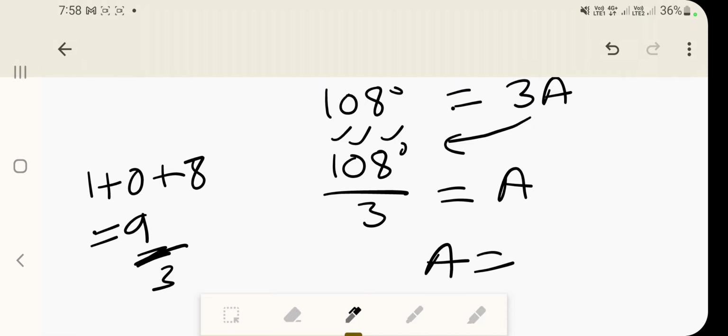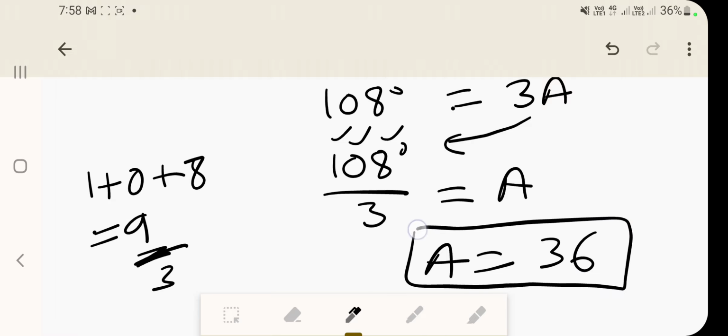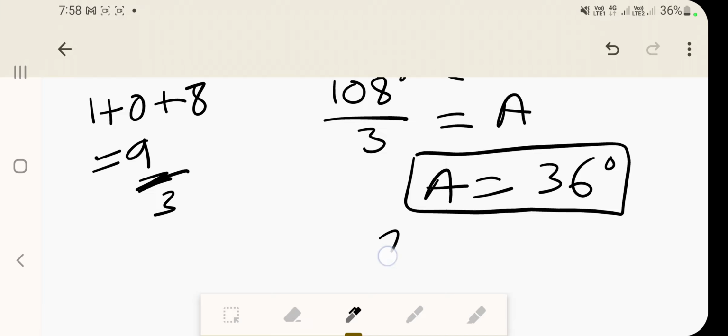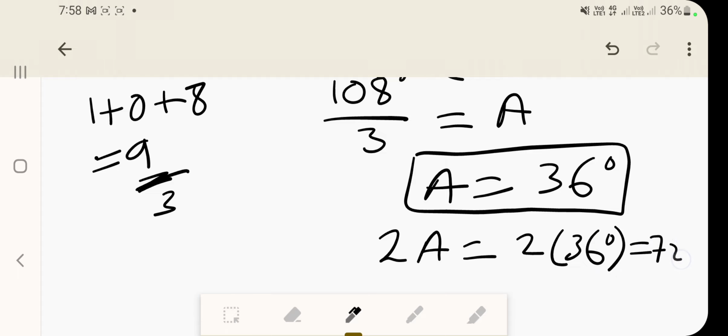Remember this. So 3 3s are 9, and we are left with 18, so 3 6s are 18. So we got a is equal to 36 degrees. Even the condition they have given holds: 2a is 2 into 36, that is 72 degrees, which is less than 90 degrees.